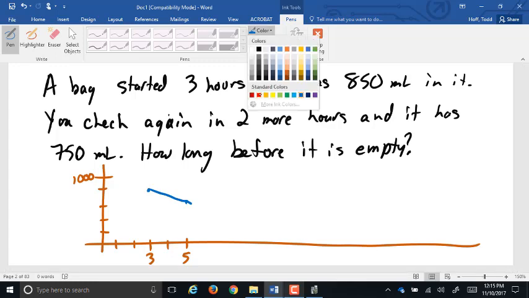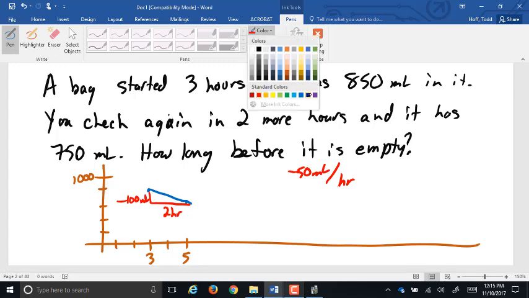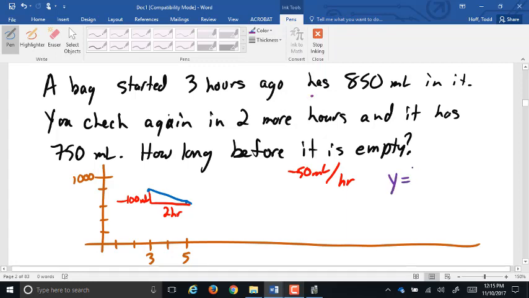Now, you said it right there. What'd you say, Josh? Yeah, it went down 100 milliliters in 2 hours. That's negative 50 milliliters per hour, or 50 milliliters per hour flow rate. From that, we know that our equation has to look like y equals negative 50 times x, if x is the hours.